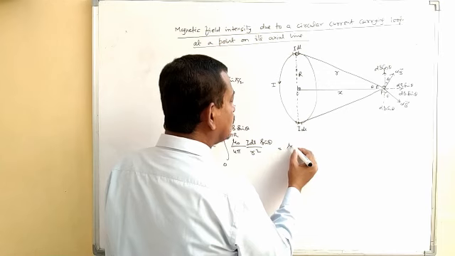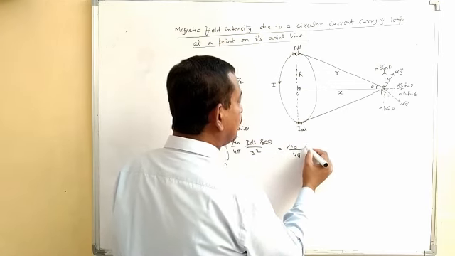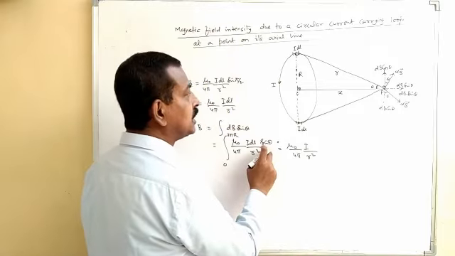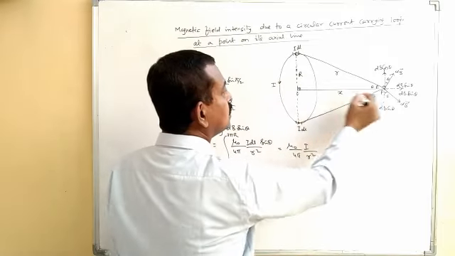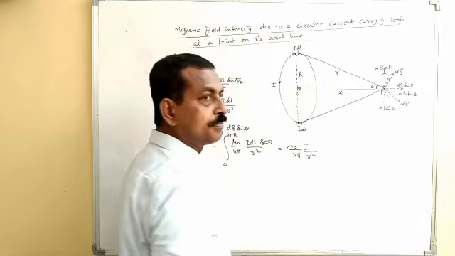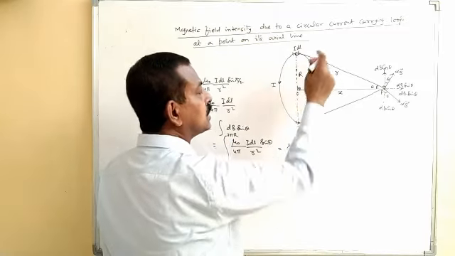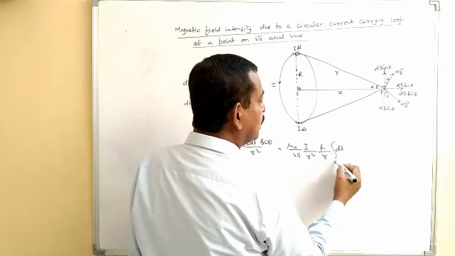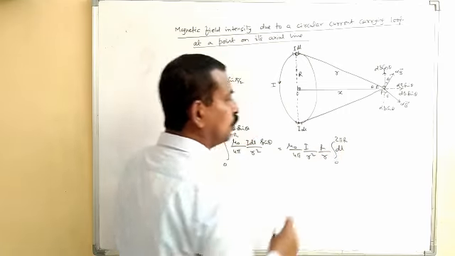This can be written as mu naught by 4 pi I by r square. Sine theta, I can write this triangle, if you take it, is capital R by small r. It is perpendicular, this is the hypotenuse. So it is R by r, and then integral dl 0 to 2 pi r.